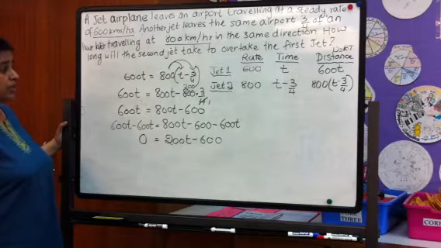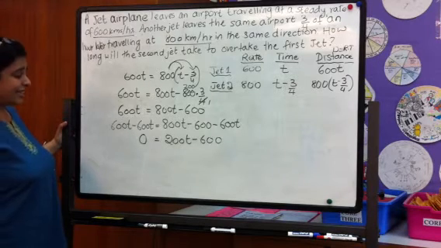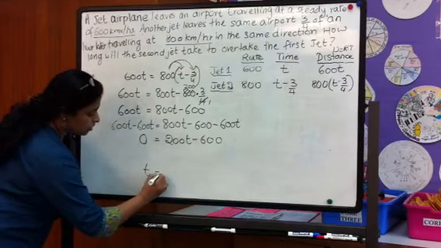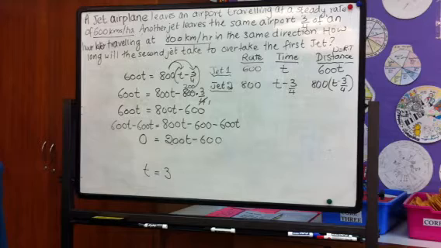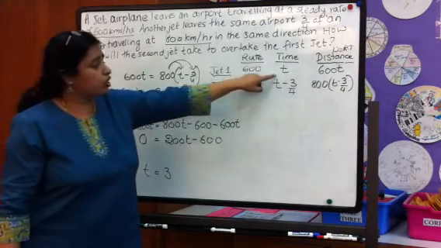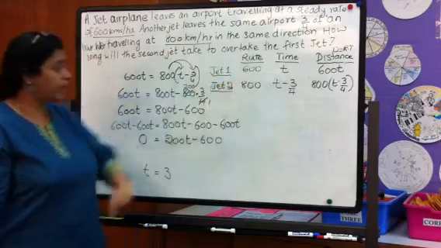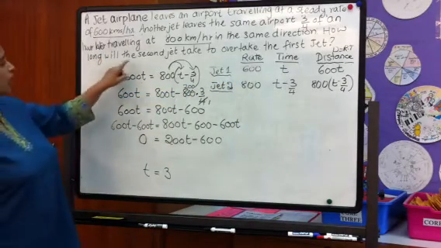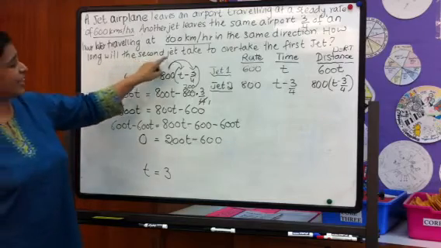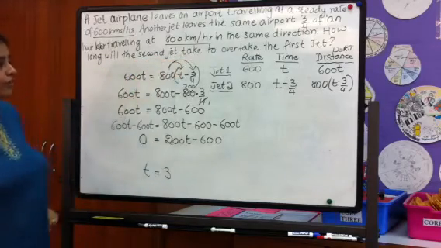The answer to this equation is t equals 3. What does that mean, t being equal to 3? t stands for time taken by jet 1. So if that is 3 hours, how long will the second jet take to overtake the first jet?